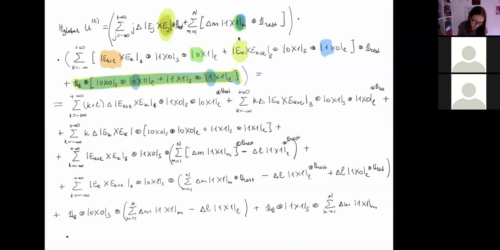Then what one needs to do is to repeat the same thing for U L multiplying H global, and derive in a similar way.